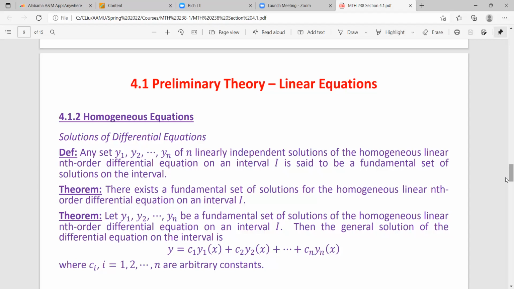You may not know exactly what this set is, but there's always one. So then the problem actually becomes to find such a fundamental set of solutions. To solve the homogeneous equation, we need to find the fundamental set of solutions.